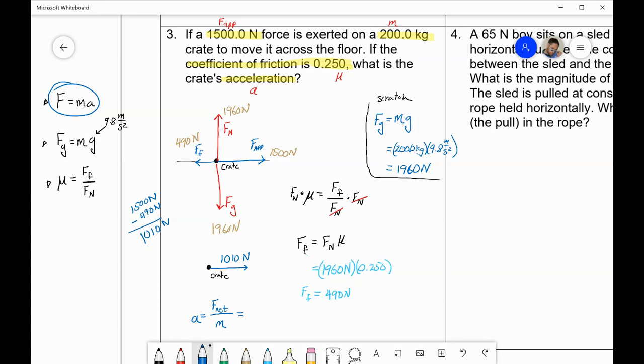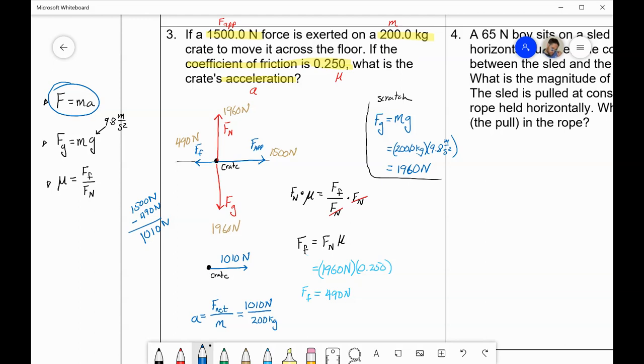Well, actually, I know these things: I've got this net force here of 1,010 newtons, and my mass was given to me in the problem as 200 kilograms. And so now I've got everything that I need. I just need to take that 1,010 and divide that by 200 kilograms. And if I do that, I'm going to walk away with my acceleration.